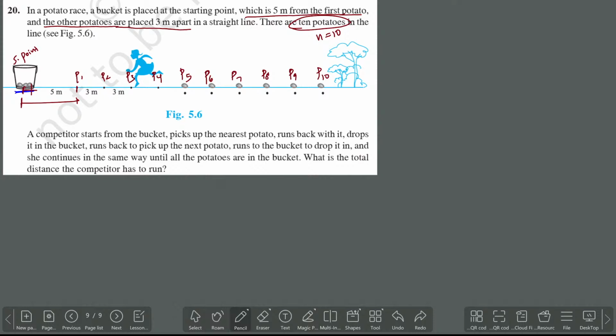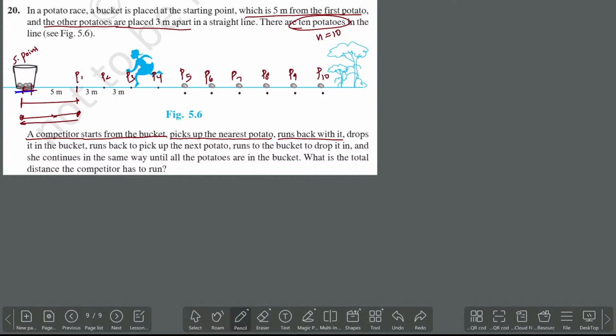Now what is the condition they are telling? A competitor starts from the bucket. They have to start from here. Picks up the nearest potato. Then what will they pick up? The first potato. Am I right? Runs back with it. After taking potato number 1, they have to run and come back again.